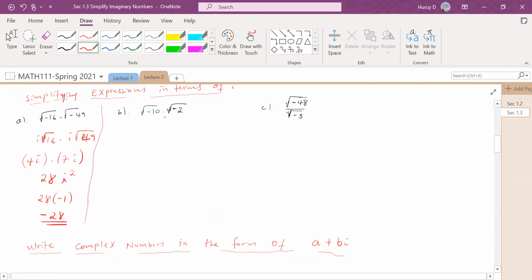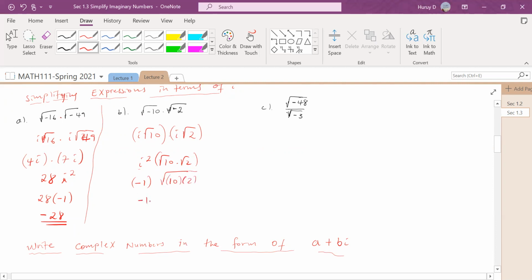And here we do the same thing. This will be i root 10 times i root 2. Now you multiply both the real numbers and the i's. So we have i squared times the square root of 10 times root 2. Again, i squared is -1, so I will put -1, and you can put the rest under one square root, 10 times 2.